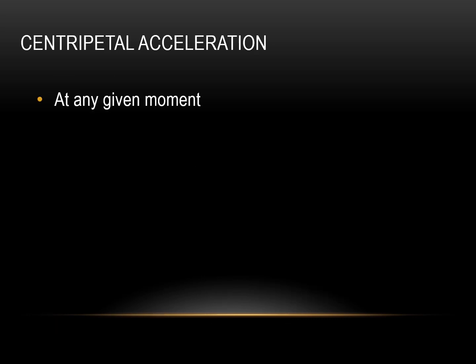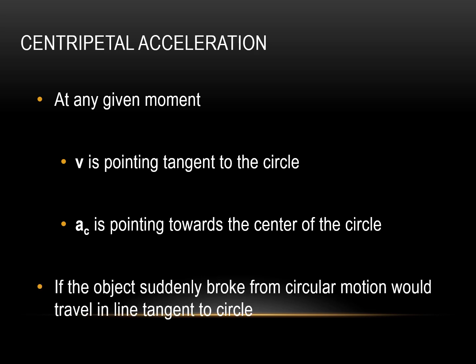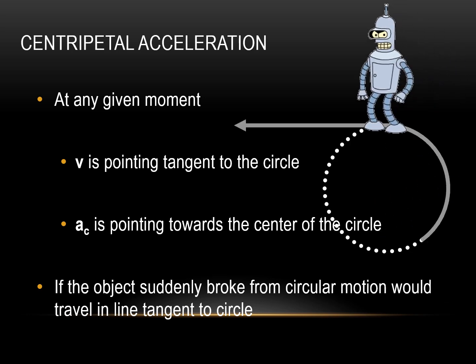At any given moment, v is pointing tangent to the circle. a_c is pointing towards the center of the circle. If the object suddenly broke from circular motion, it would travel in a line tangent to the circle.